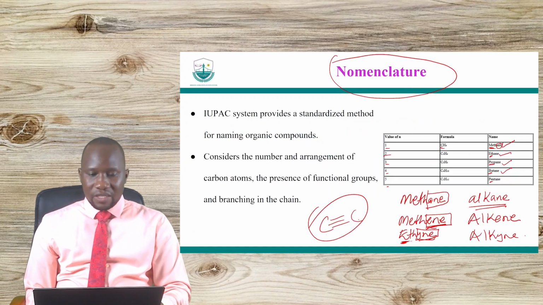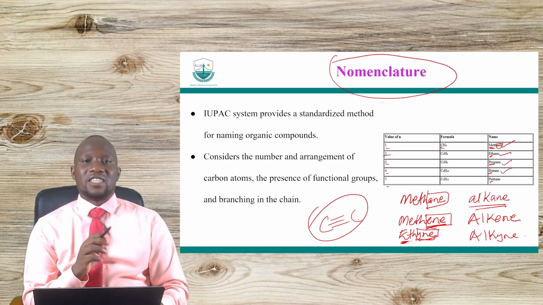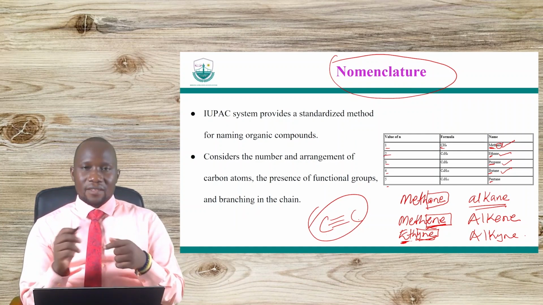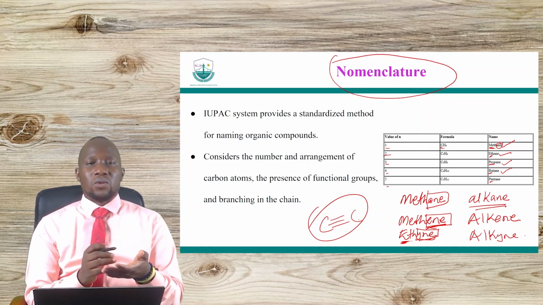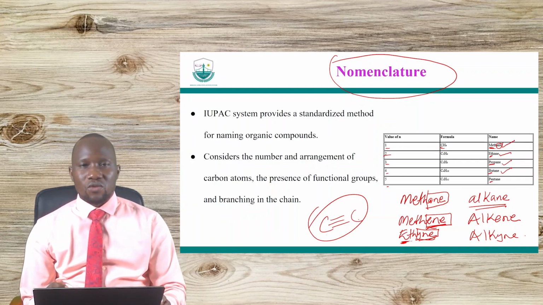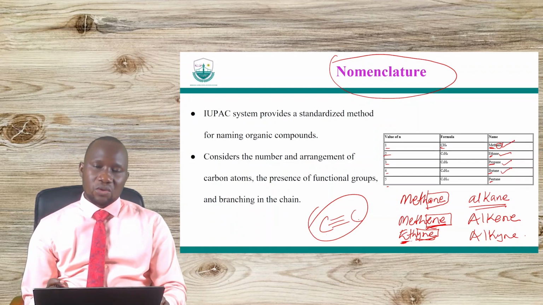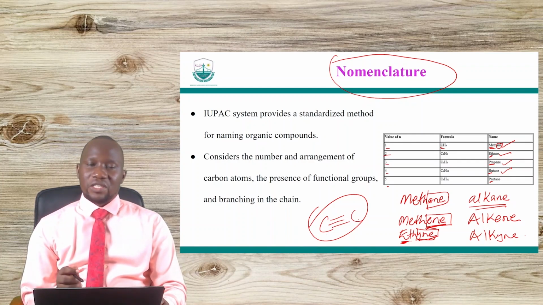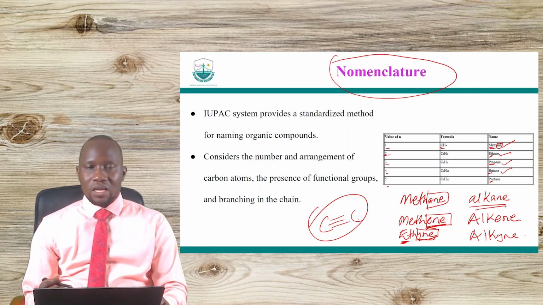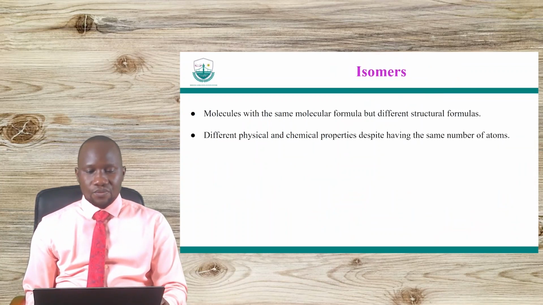Now the second point, which I said is the length, which is determined by the number of carbon atoms, but also the position of the functional group, or the presence of the functional group. We need to indicate where that functional group is. But that is not something we can look at at this level.